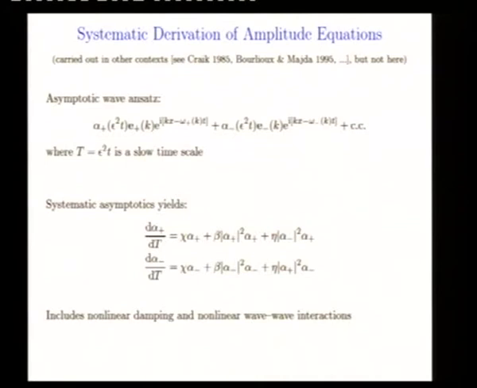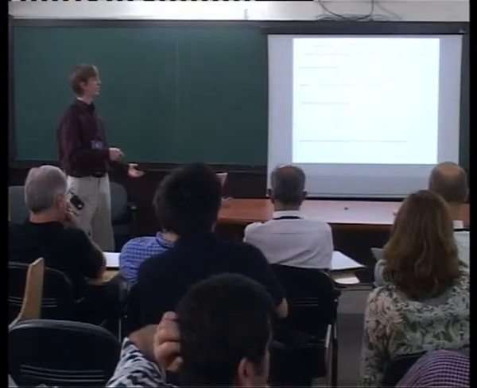This bold E is the eigenvector for it, and then it's a sinusoidal fluctuation with its frequency omega plus, and similarly for the other wave. And so if you plug this into your governing equations and ask how these amplitudes should evolve in time, in all sorts of different contexts you get equations kind of like this.